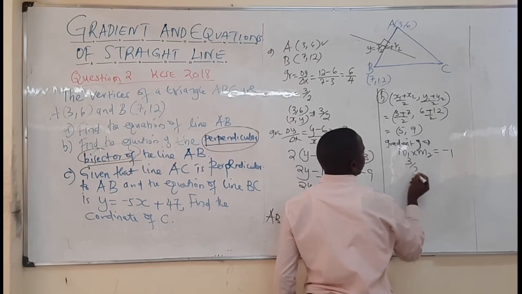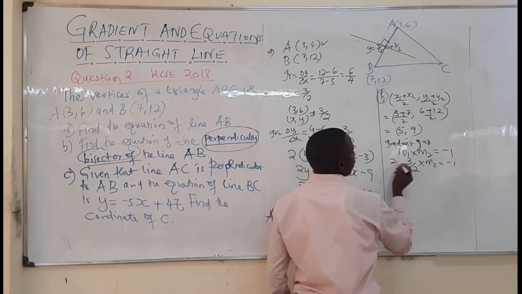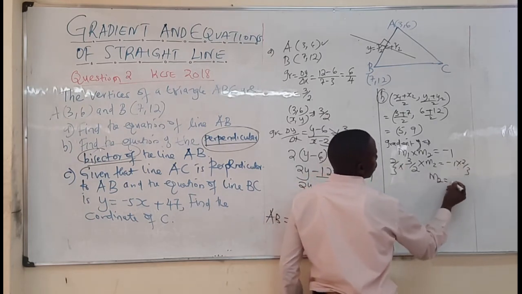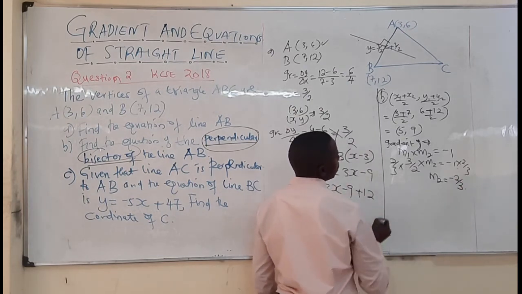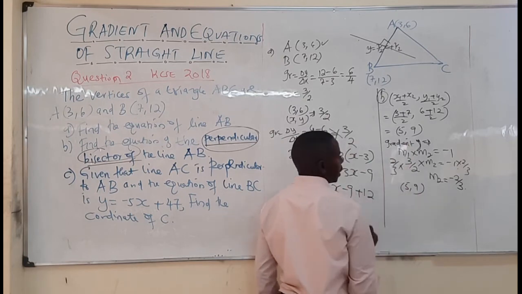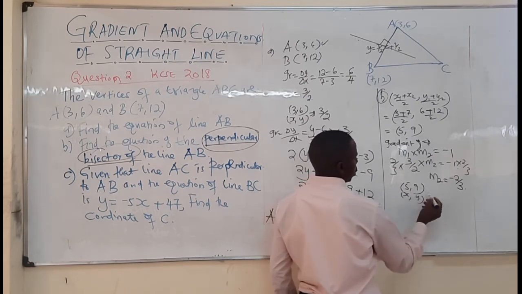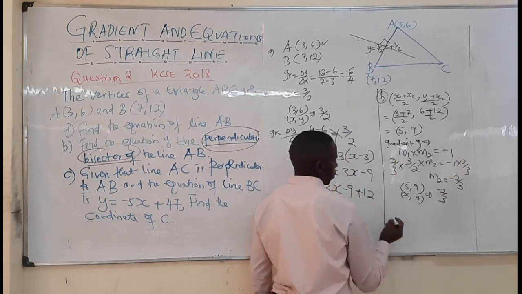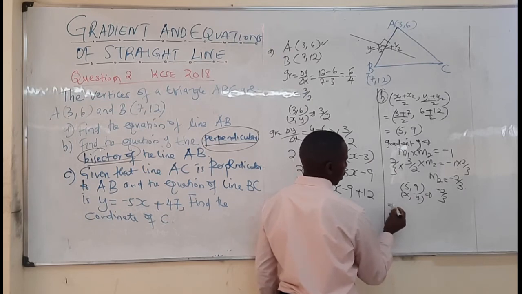So 3 over 2 times m2 is equal to minus 1. Then you multiply by 2 over 3 on both sides to have now m2 equals minus 2 over 3. Then we have a point (5, 9) where the line is passing, and then a point (x, y), and the gradient, of course, is minus 2 over 3. So we just equate the two to get the equation of that line.